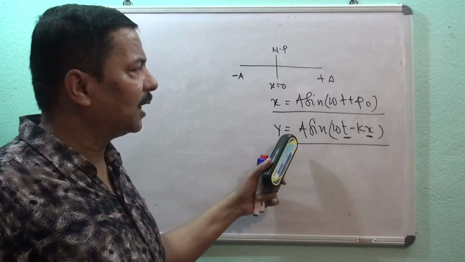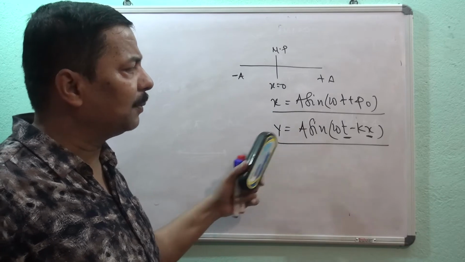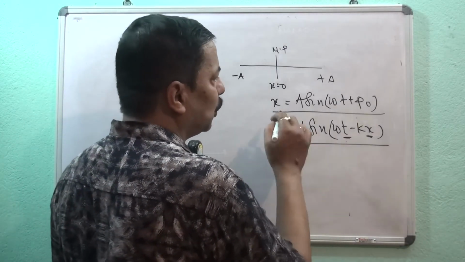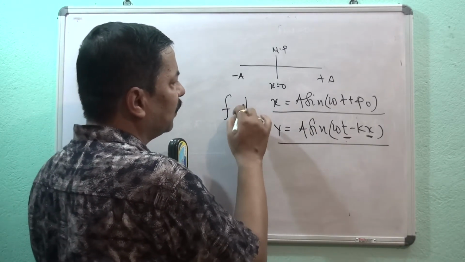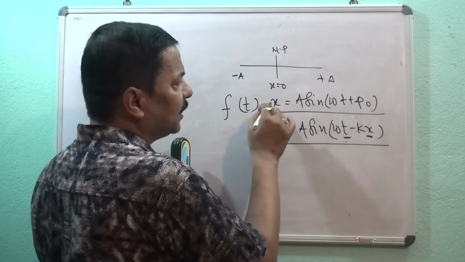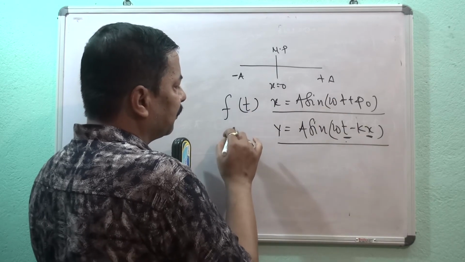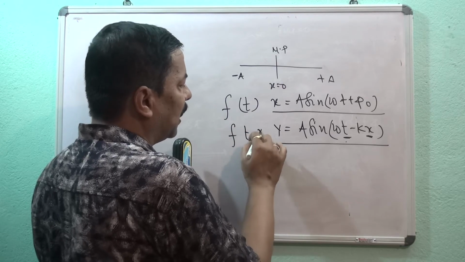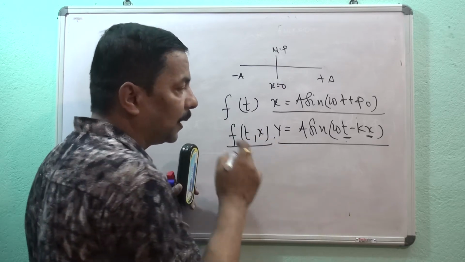Some similarity is there, that the nature remains the same, only the two variables are there. As I told you earlier, this is the function of time only. Time changes, it changes, and here it is the function of t comma x. Both quantities are there.